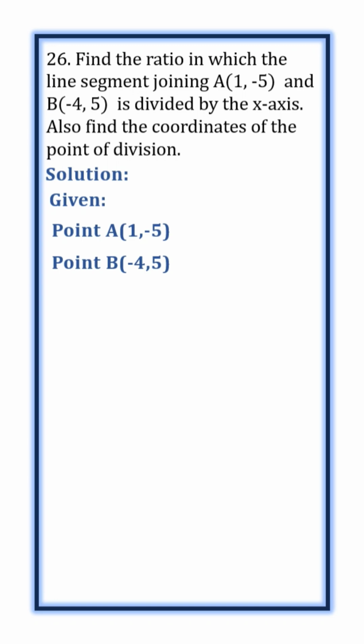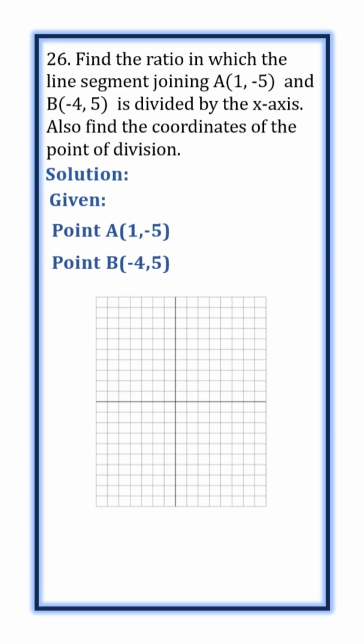To understand the problem, now let us have a graph sheet like this. Let us plot the points A 1 comma negative of 5 and B negative of 4 comma 5. This is the line which joins the points. Here observe that the y coordinate is 0.